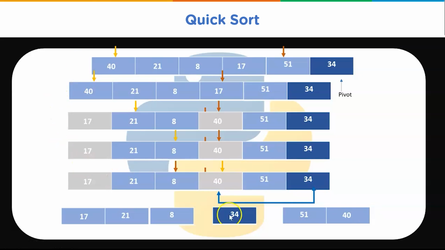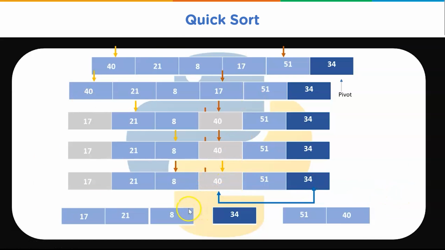Now with this whole exercise, 34 has found its correct position in this entire array. And if you monitor, all the elements on the left hand side of 34 are smaller than 34 and all the elements on the right hand side are greater than 34. And this is what we wanted to achieve.